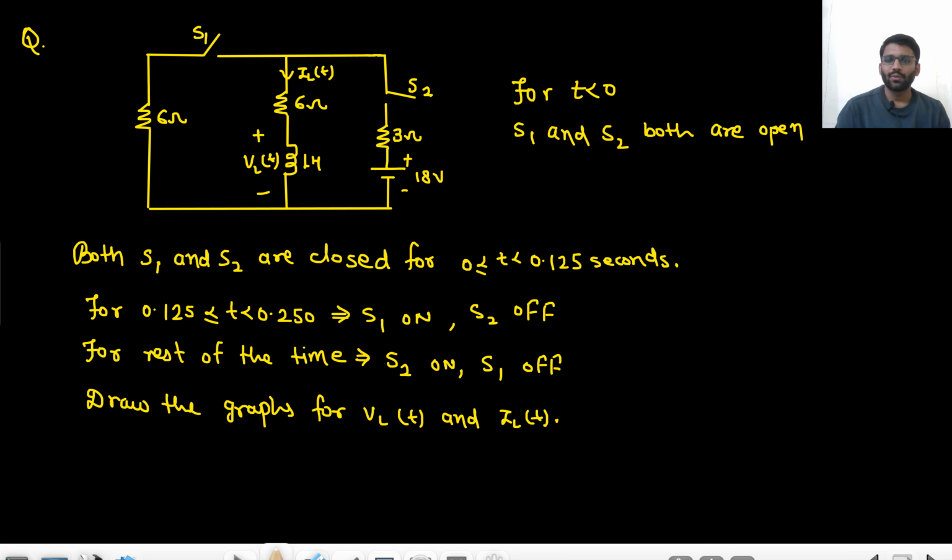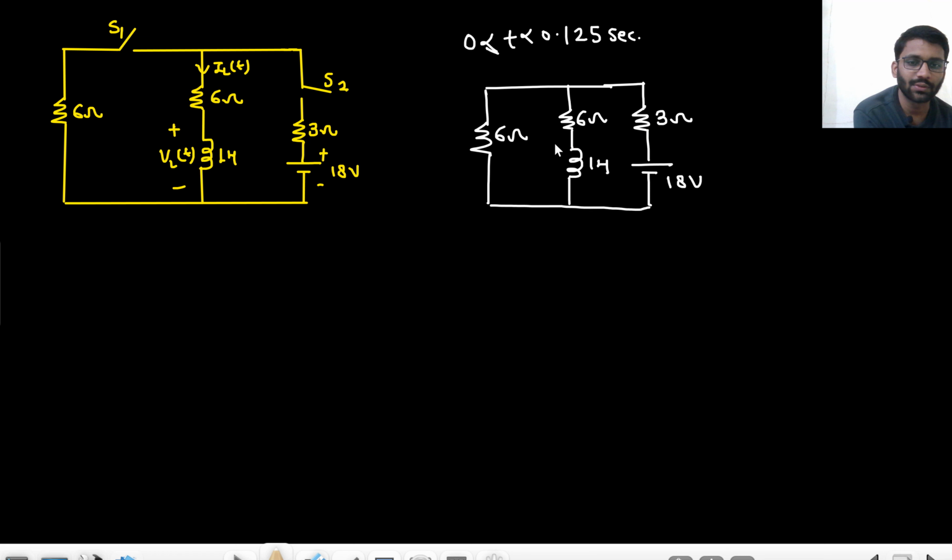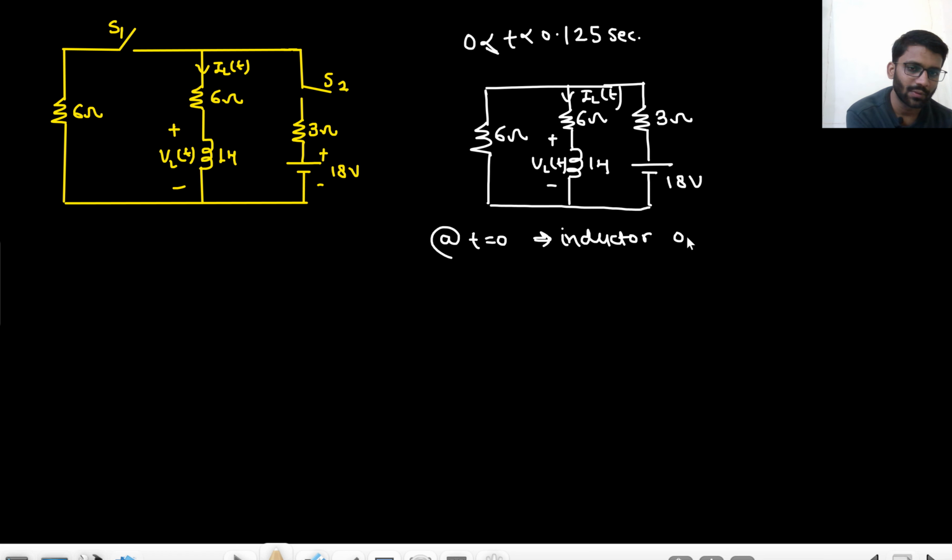So we need to comment on iL(t) and vL(t). Okay, this is your vL(t), this is your iL(t), right? So tell me, at t equals to 0, the inductor will be open circuited, right? Because there is 0 current. Inductor open circuited.